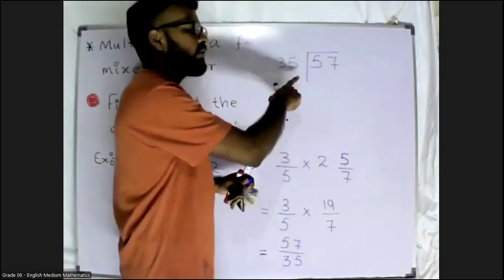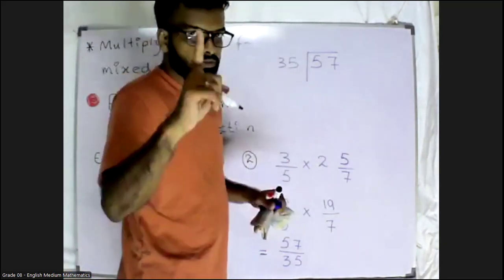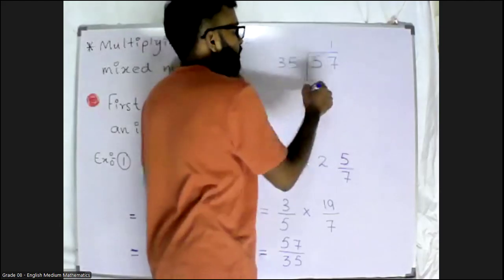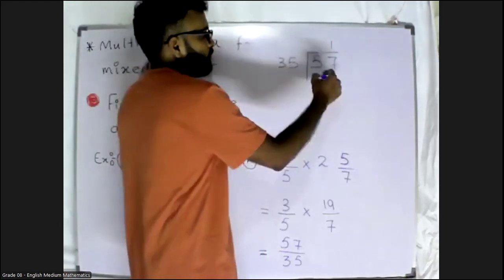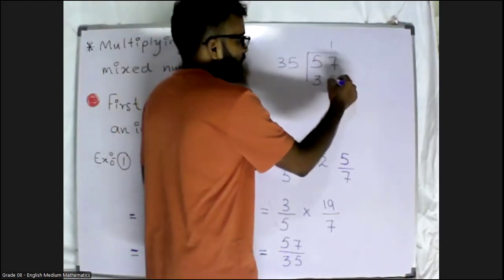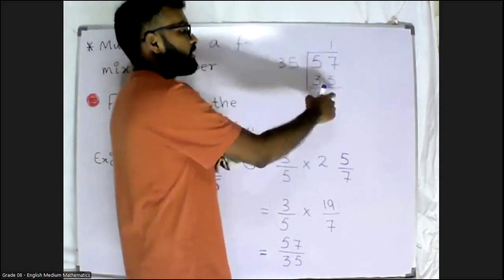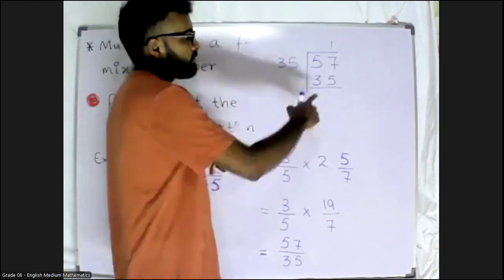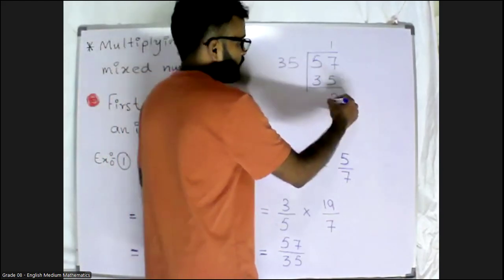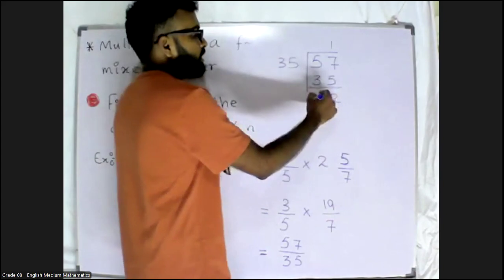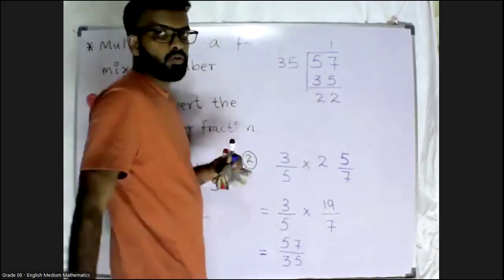So how many 35s are there in 57? One. 1 times 35, 35, and get the subtraction. 7 minus 5, 2. 5 minus 3, 2. So remainder is 22, right?